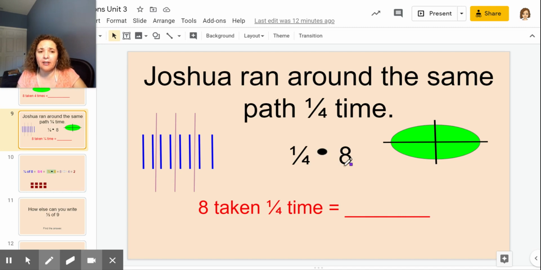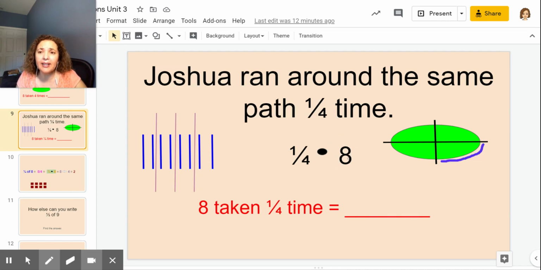Another way to look at this, the whole thing is 8, but you're only doing 1/4 of it. So I divided my path into 4 equal parts. He's only running 1/4 of it. 1/4, 2/4, 3/4, 4/4 makes my whole. So he's only running this part right there, and the whole thing equals 8.